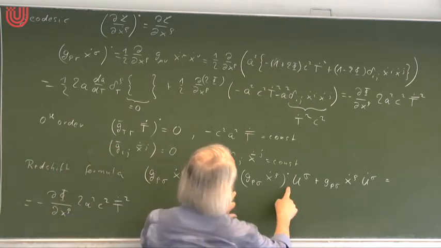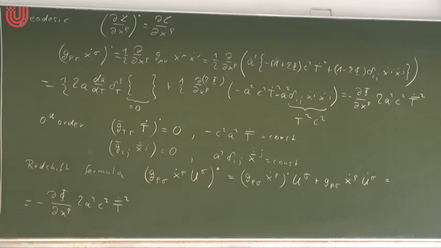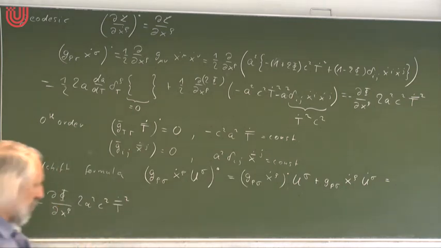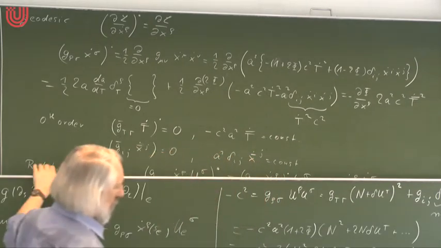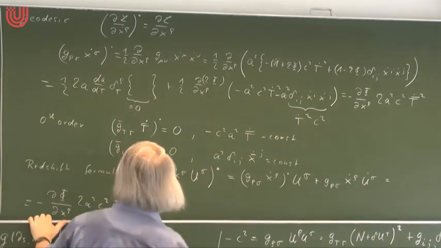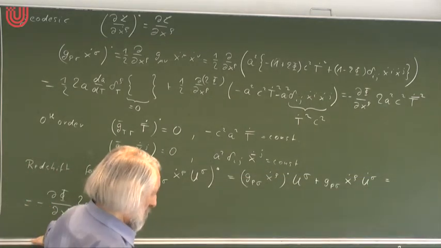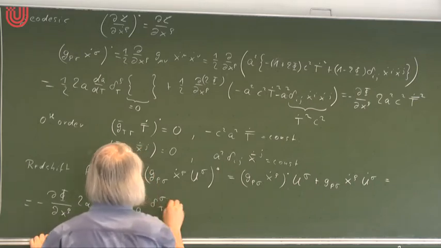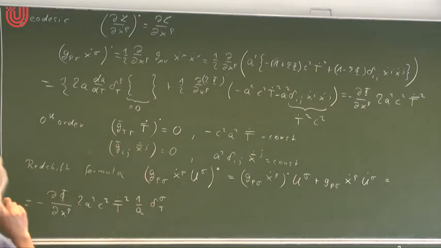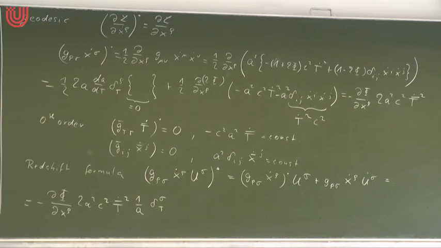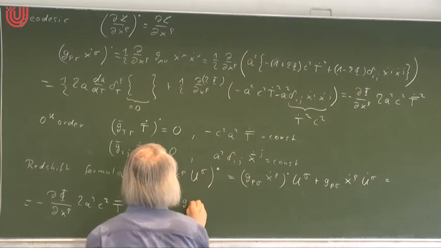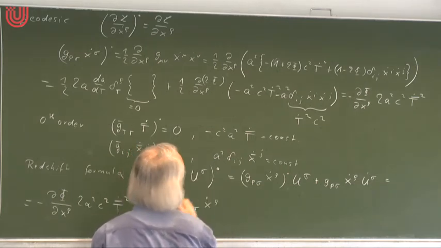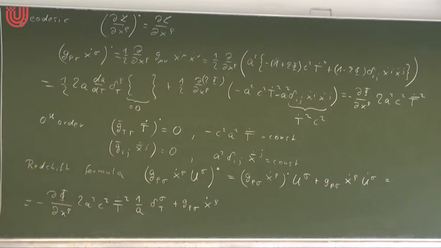This is this derivative here. And what was u^sigma? Here it is. We have to read sigma instead of rho. So it's 1 over a delta^sigma_t. And then the first order terms, but this is already our first order, so we are done. That's the only zeroth order term we get. The other terms are of higher order. And then this here, plus g_rho sigma x^rho dot u^sigma dot.